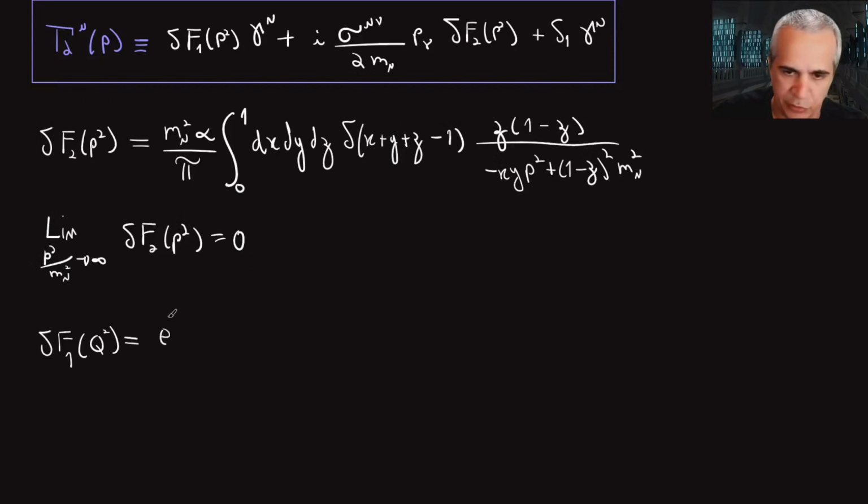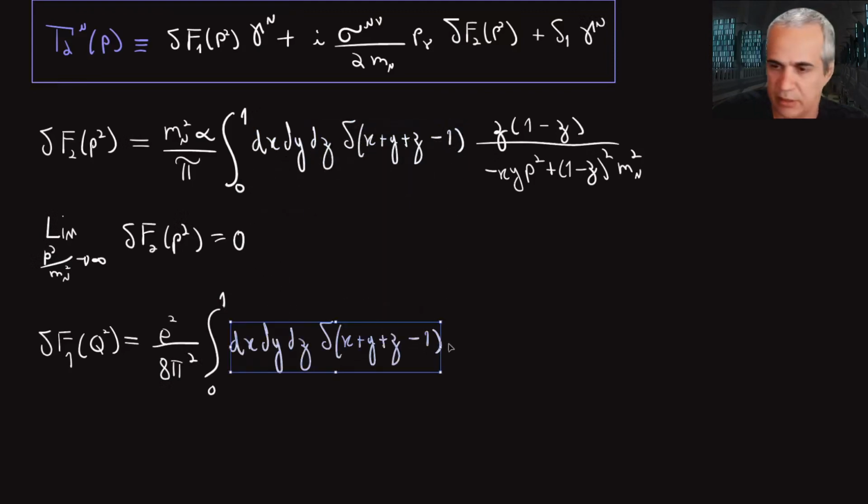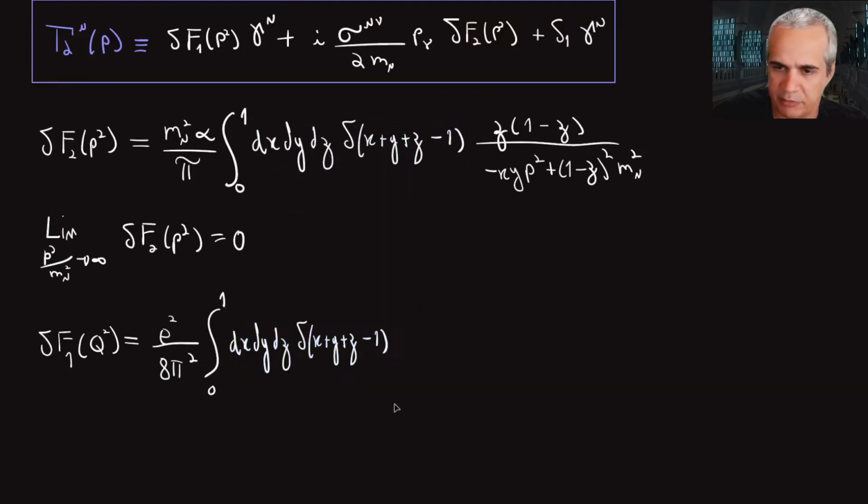It's proportional to e squared over 8 pi squared. Again, Feynman parameters that are omnipresent everywhere. Let me make them small because I have a big expression to write here.